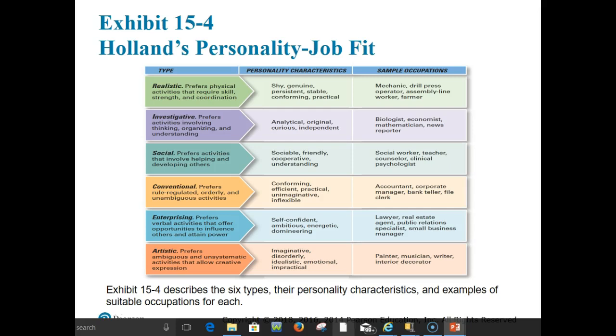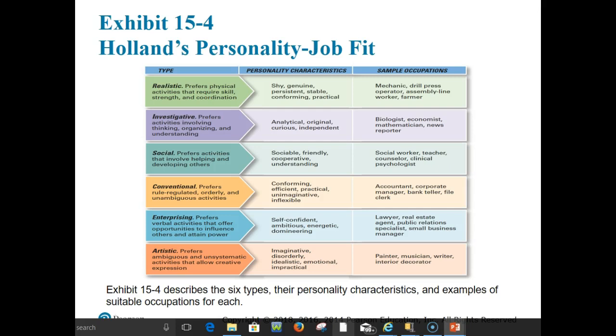Next is investigative, prefers activities involving thinking, organizing, and understanding. The personality characteristics associated with this are analytical, original, curious, and independent. Sample occupations would be biologist, economist, mathematician, news reporter.